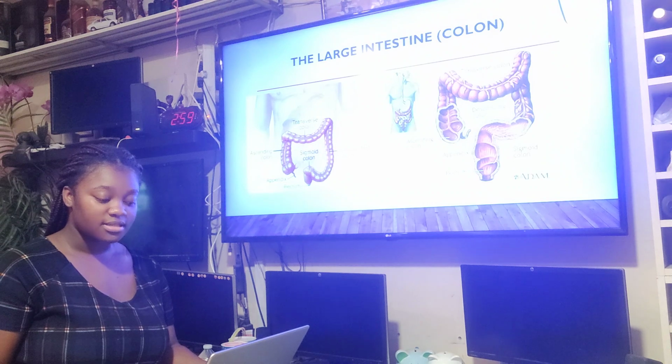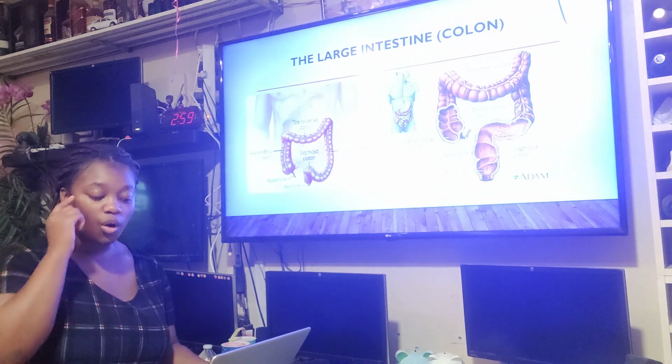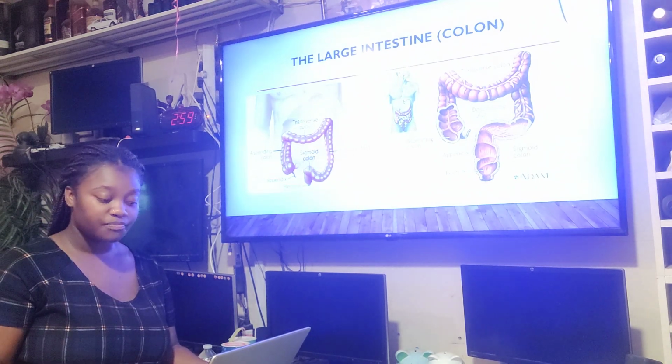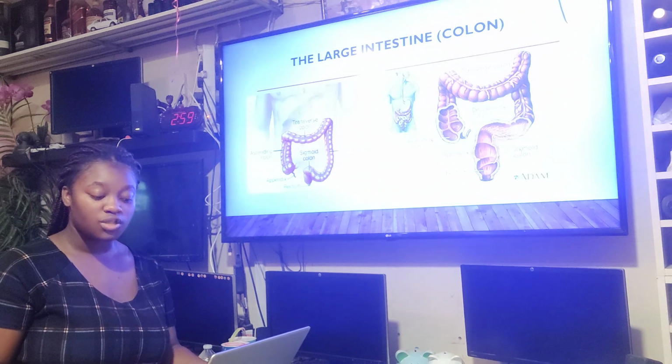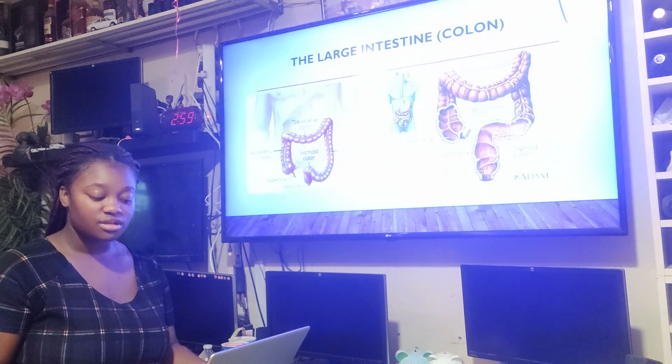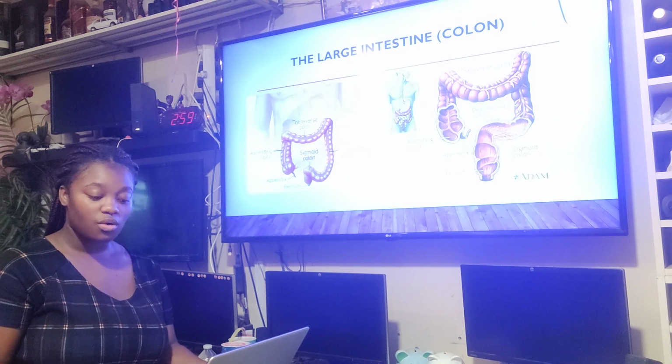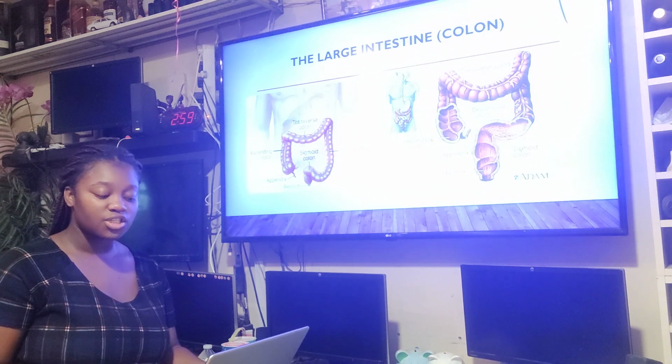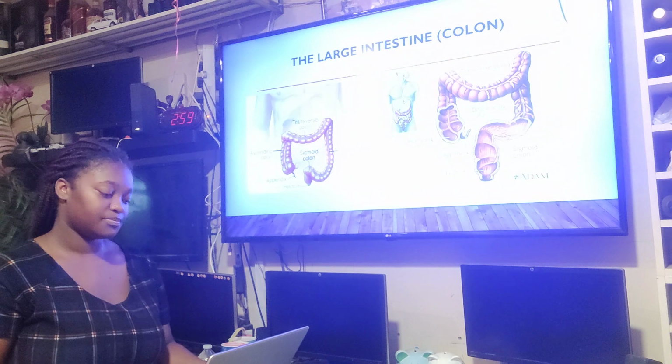Small waste fragments are forced into your lower colon and rectum by the muscles in the colon's walls. The stretched rectal walls signal the need for bowel movement.